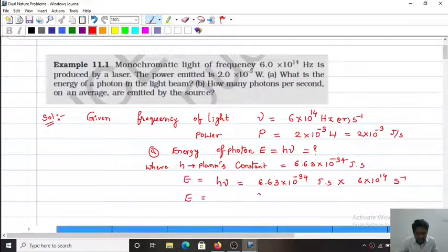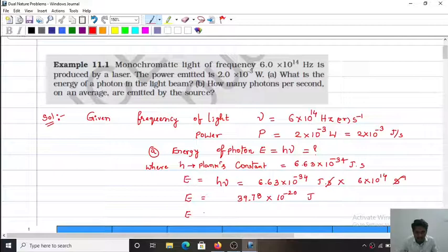Therefore E equals, 6 times 6 is 36, 6 times 3 is 18, plus 3 is 21, so the answer is 39.78 into second inverse cancels. So what do you get? 10 power of minus 34, here 14, so you will get 10 power of minus 20 joules.